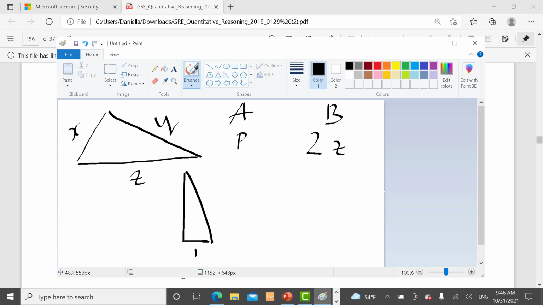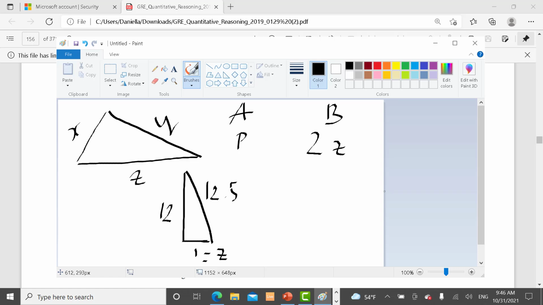Let's say z is 1. This is z. And let's say this is 12, and this is 12.5, for example.